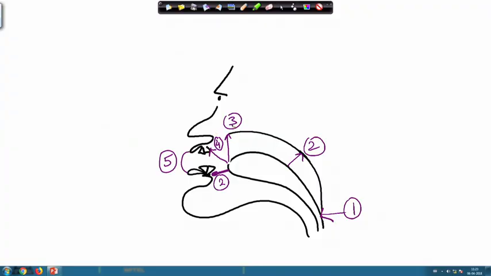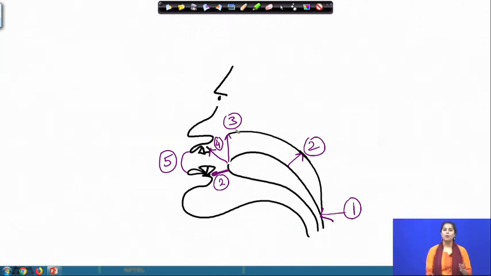The following sounds are the cerebrals. The second one was the palatals. Now we move on to the cerebrals, and the cerebrals happen when the tip of the tongue touches the center of the palate. So if you have the palate like that, just try and become aware of the tongue and touch the center of that palate. If you want to also make it more obvious, you can even touch the roof of your palate with your fingertip, and then place your tongue there.